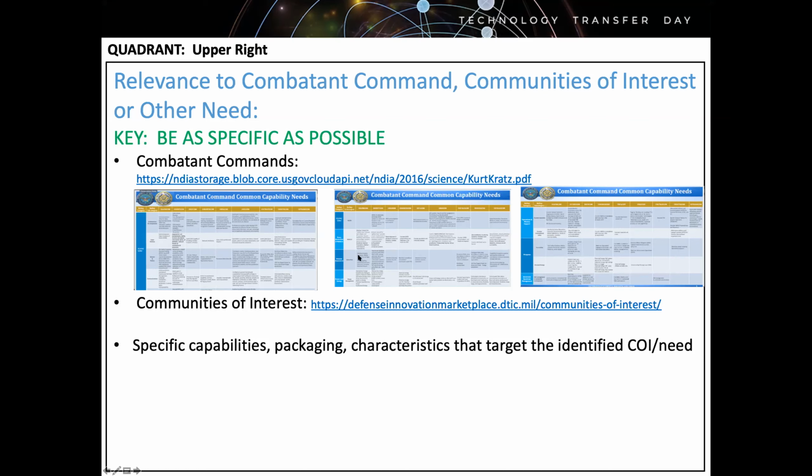The other place to go is the Defense Innovation Marketplace, which has those communities of interest that I mentioned in the July 8th presentation. Again, these are high-level technology categories that if you can find your particular category, I'm just going to stick with medical, so you go to the biomedical category and click on that at this Defense Innovation Marketplace Communities of Interest site.